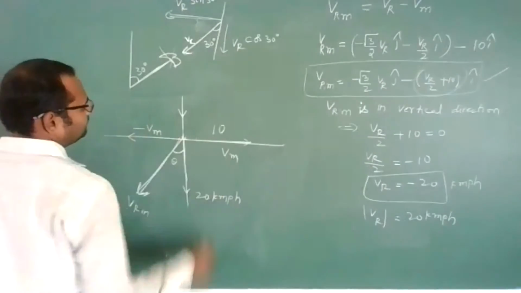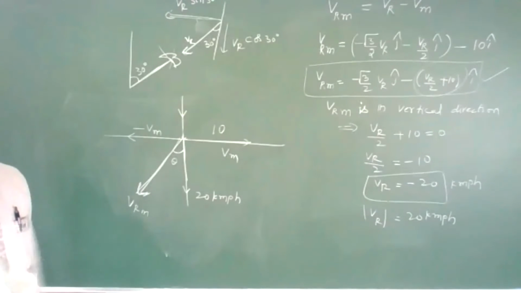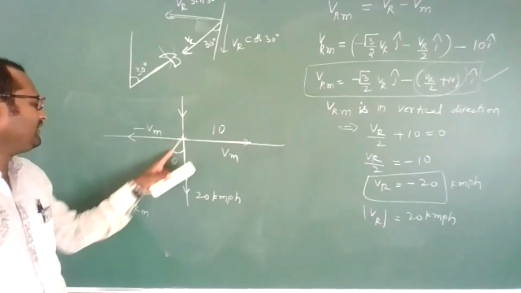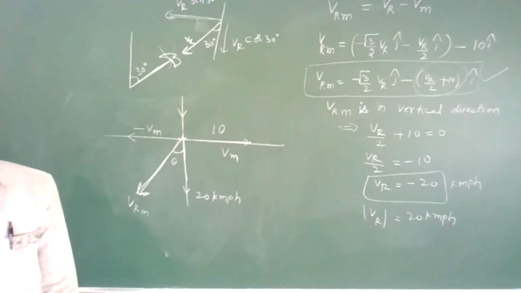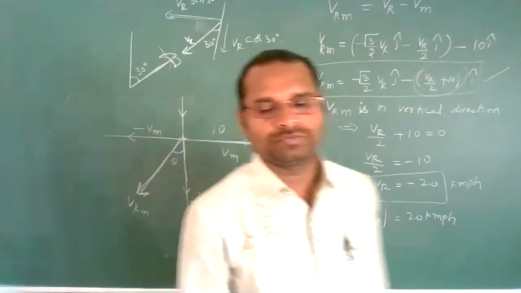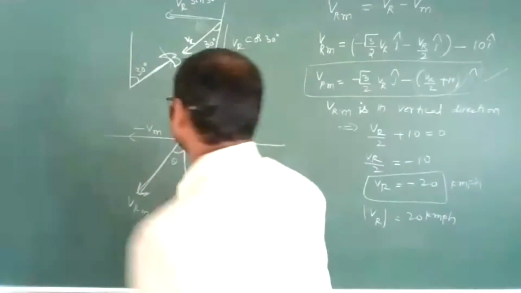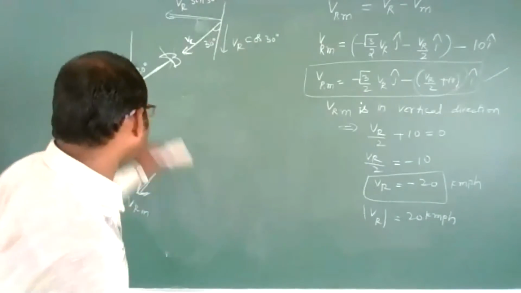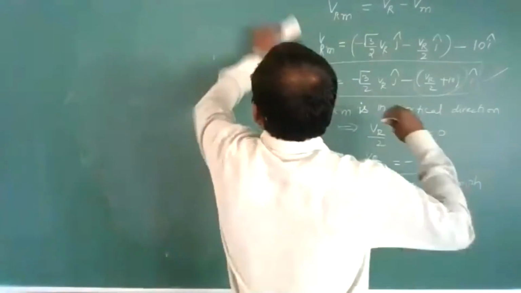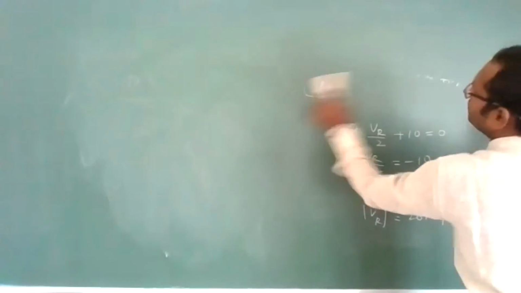This is 10, given. This is 20, we know. Then we can find this. Clear? So this is how we need to solve rain-man problems. We have to solve like this. Clear?